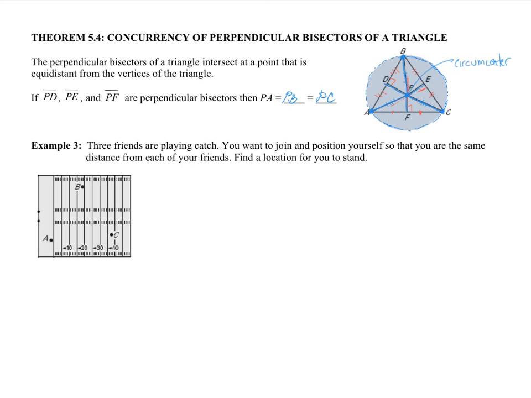And that's why we call the intersection of the perpendicular bisectors the circumcenter, meaning it makes a circle around the center of the triangle.